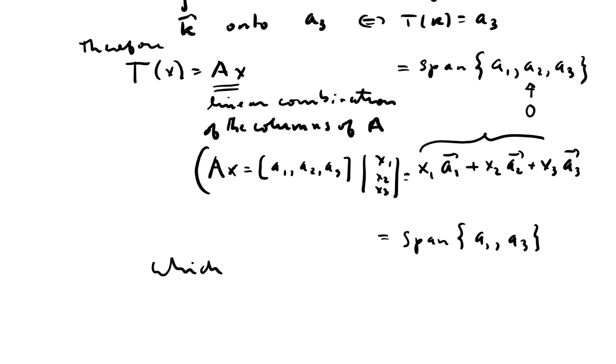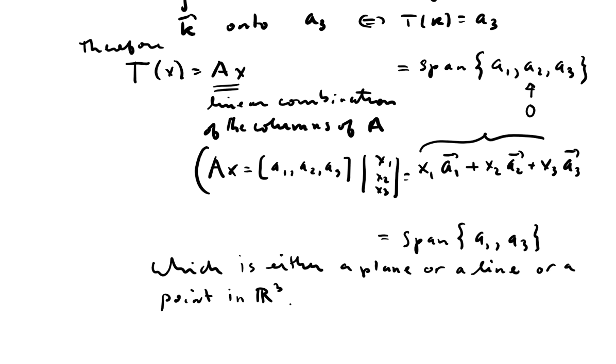If a1 and a3 are parallel, it's a line. Assume they're non-zero. If they're all zeros, this would just be the point 0. So it's either a plane or a line, or even a point, in R3.